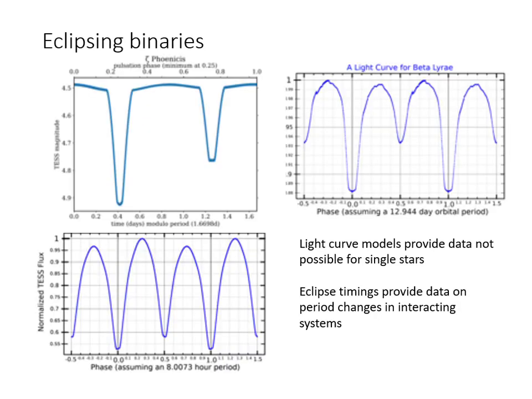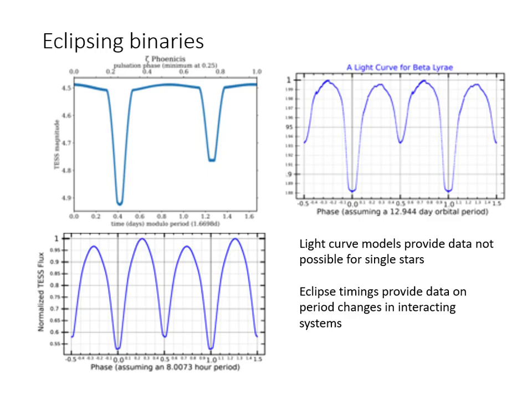I'm only going to talk about the three main types of eclipsing binaries. So we have the Algol types, which have well-separated eclipses, the Beta Lyrae type, where the light curve is continuously varying, and the W Ursae Majoris type, where the eclipses are very similar, and the light curve is also continuously varying.